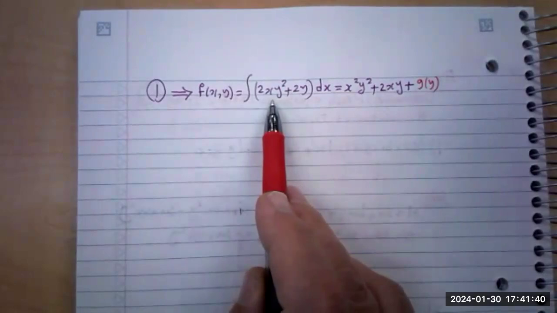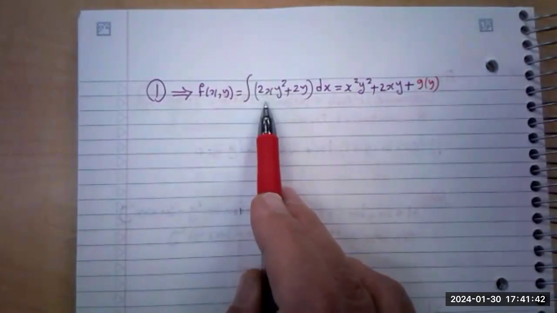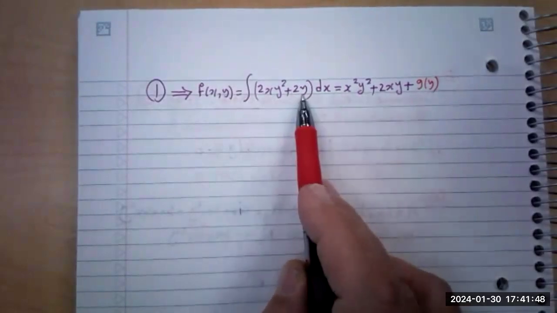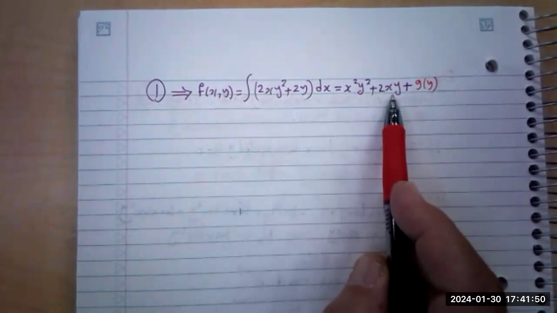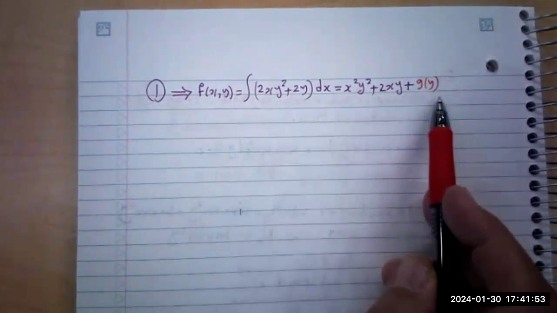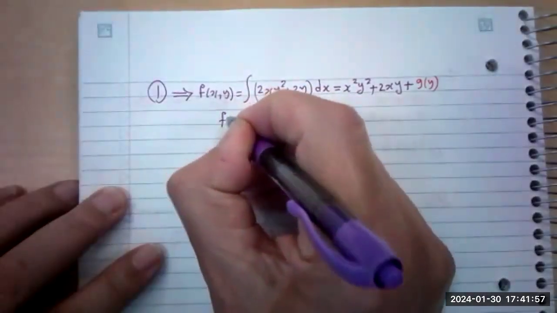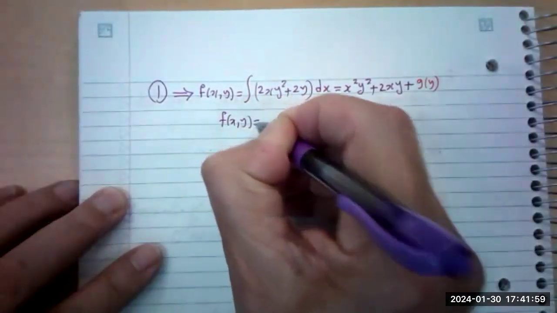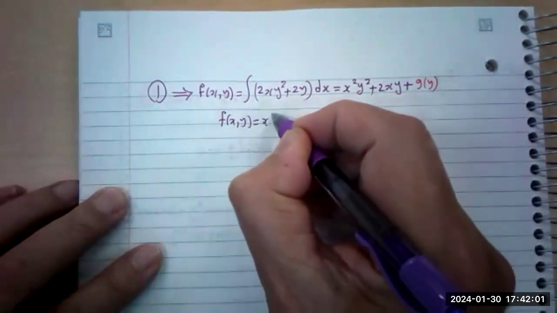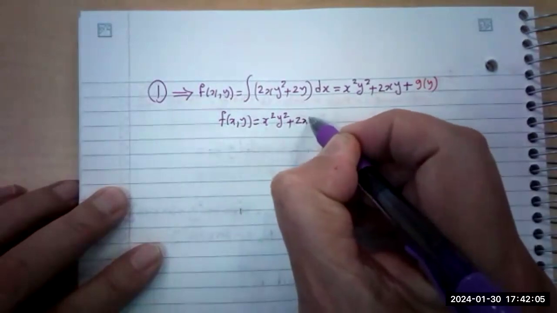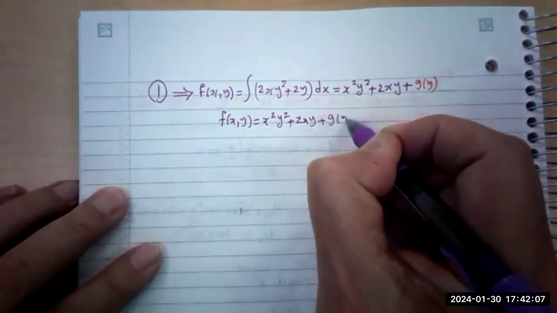Integrating 2x squared divided by 2 gives x squared y squared. Integrating 2y with respect to x gives 2xy. But you may have a constant. So, so far, this is what we have: f of x,y is equal to x squared y squared plus 2xy plus g of y.